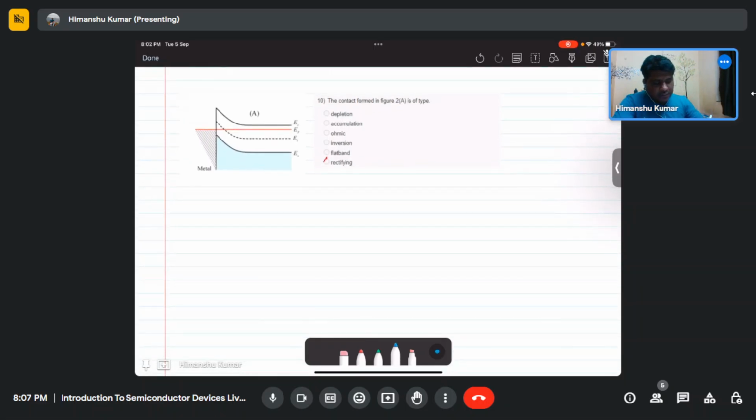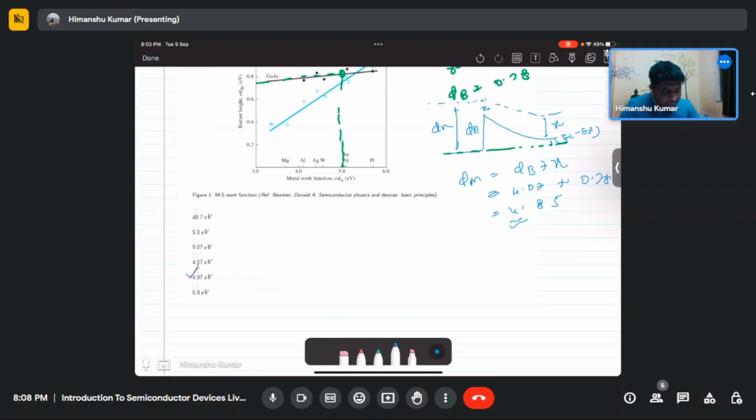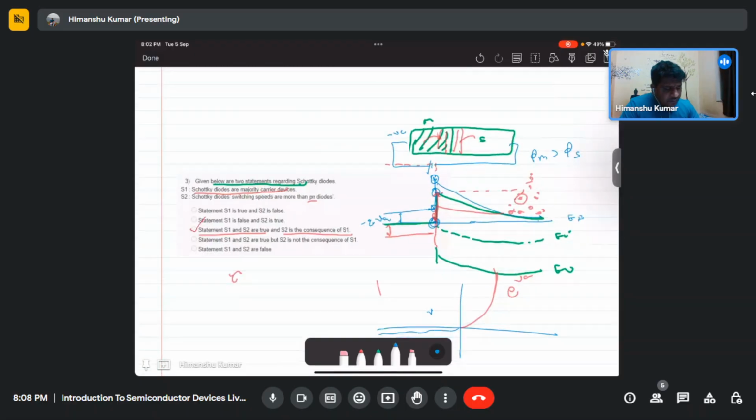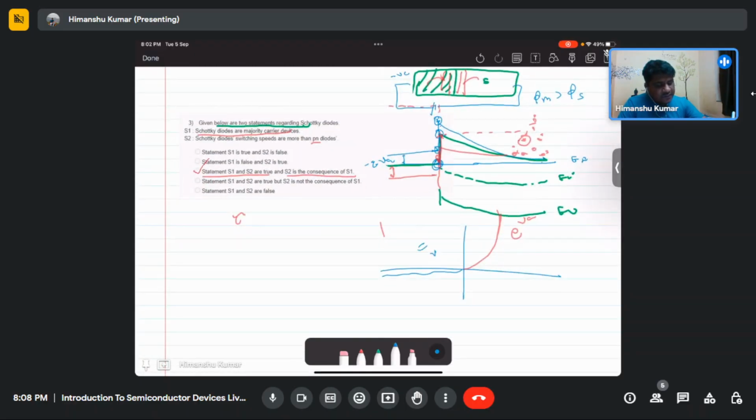So the contact formed here is of type depletion, no. Accumulation, no. Ohmic? Ohmic contact is basically when, if you apply positive and negative bias, approximately the same slope is there from both sides. But as we have seen here, if the metal work function is greater than the semiconductor work function, then the characteristics are of this kind.